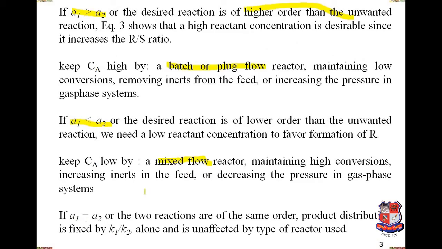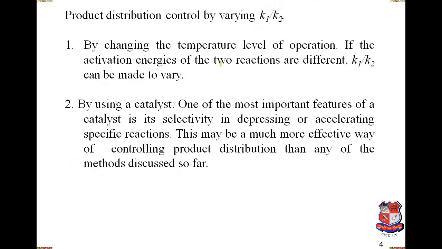And if a1 is equal to a2, that is, the two reactions are of the same order, then there is no specific product distribution effect. The product distribution is fixed by K1 and K2, and no specific type of reactor is going to affect it. Now K1 by K2 is a parameter that we can ultimately control through temperature.